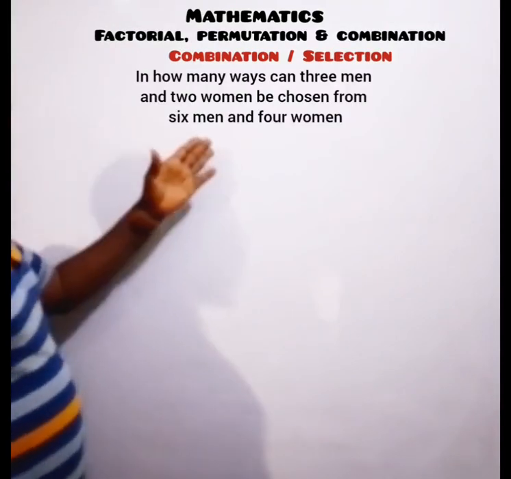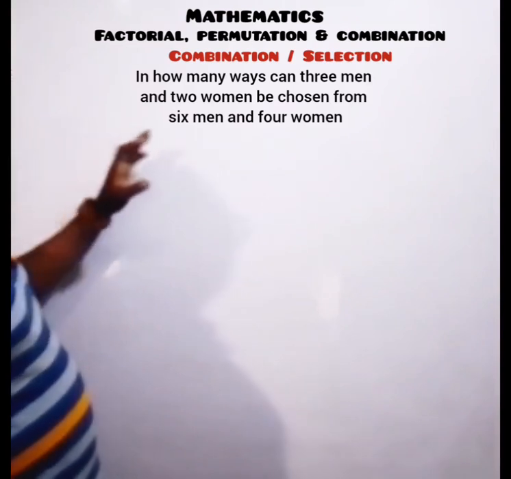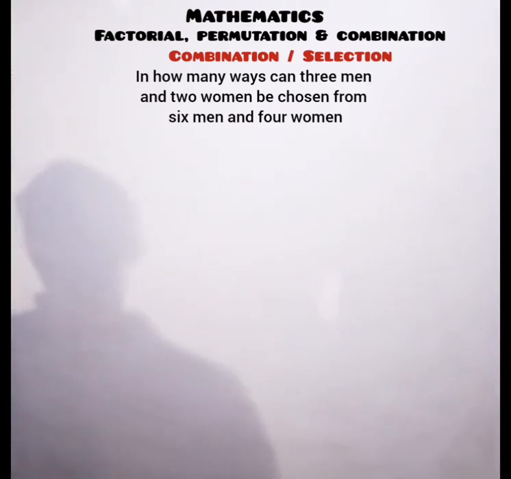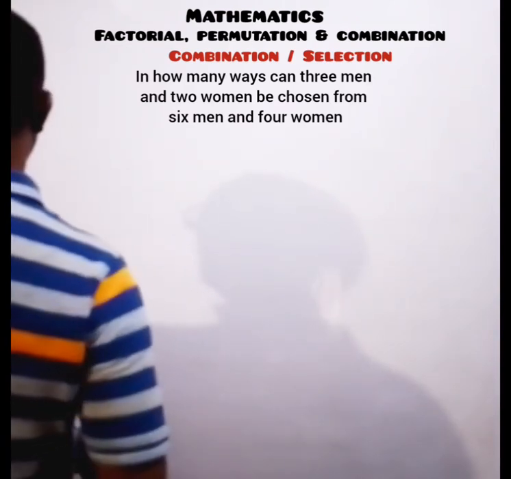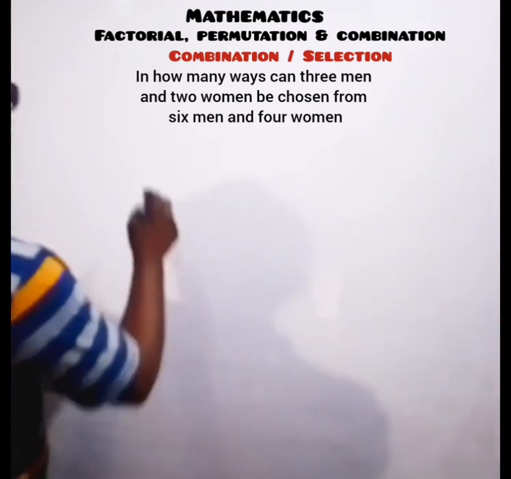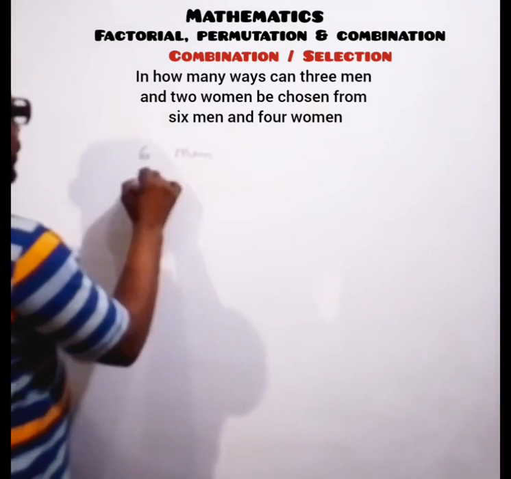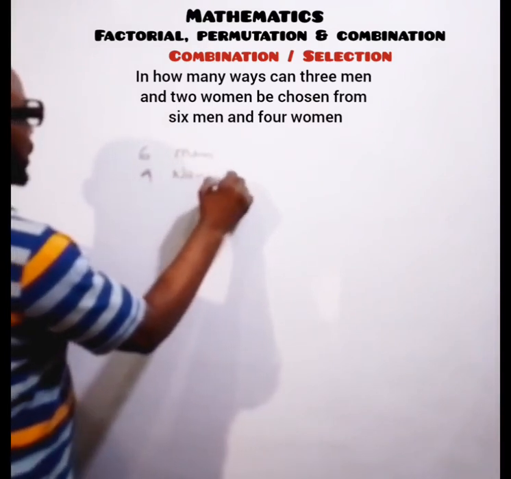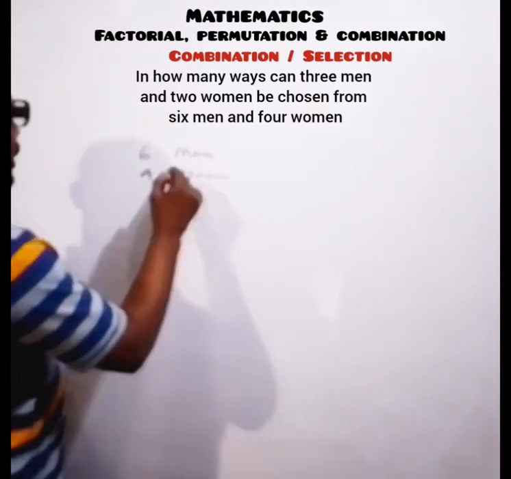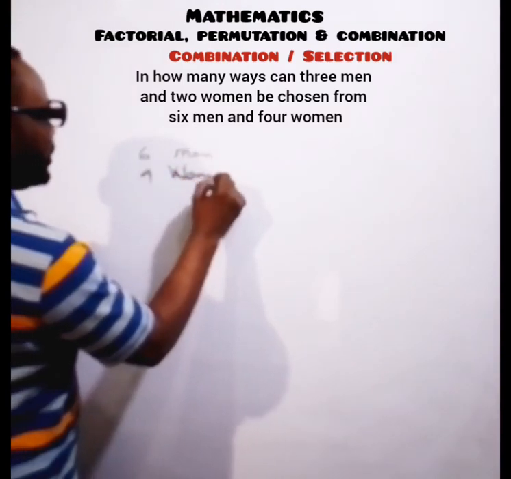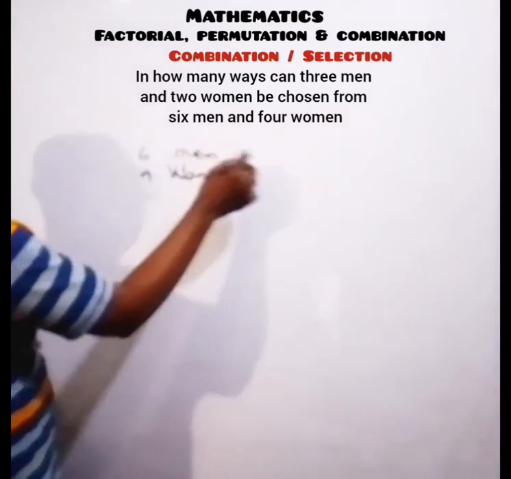In how many ways can 3 men and 2 women be chosen from 6 men and 4 women? We have 6 men, 4 women. That is the available number of men and women that we have.